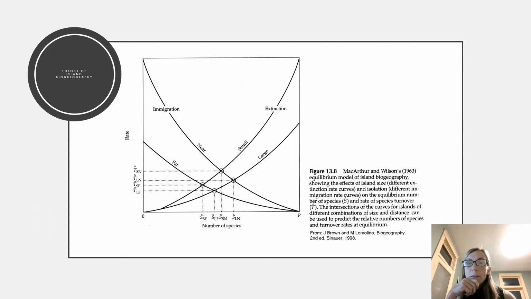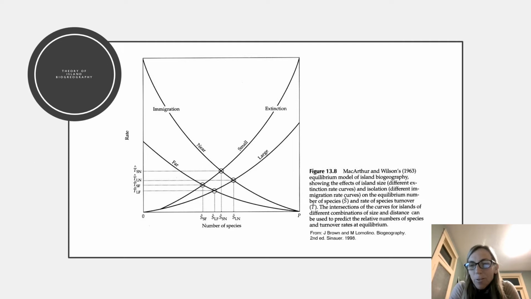They assume that there will be an equilibrium point where the immigration rate equals the extinction rate. And they further hypothesize that an increase in island size will lower extinction curves, while a decrease in the distance between the island and the source will raise immigration curves. And it is at the intersection of immigration and extinction that the species number is determined.